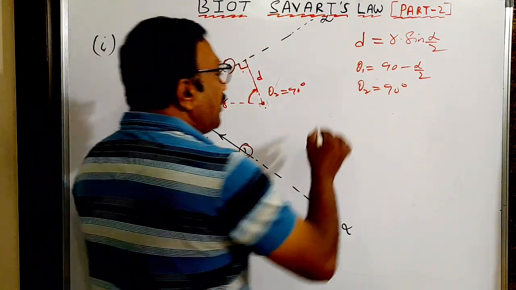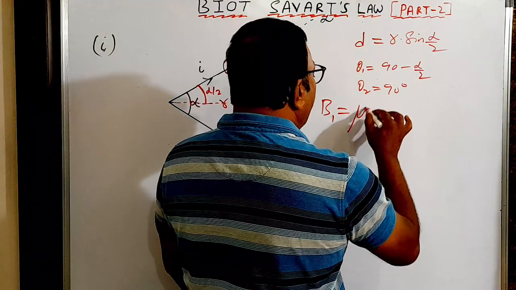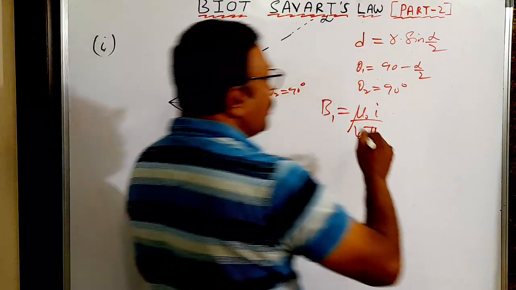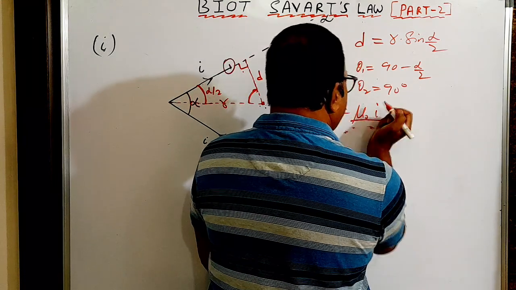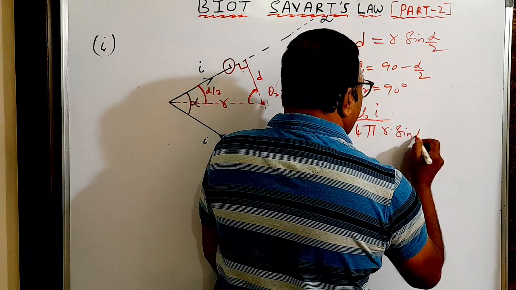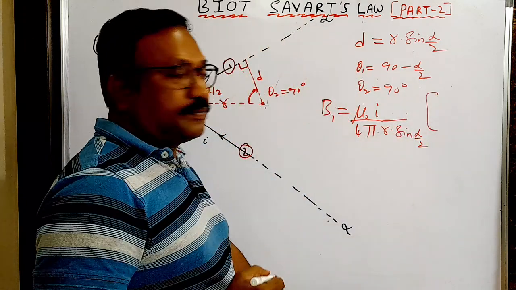So, now the magnetic field due to this wire is equal to mu naught I by 4 pi d. D is here, R sin alpha by 2, into sin theta 1 plus sin theta 2.